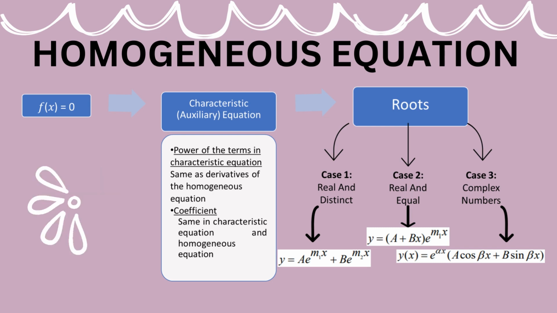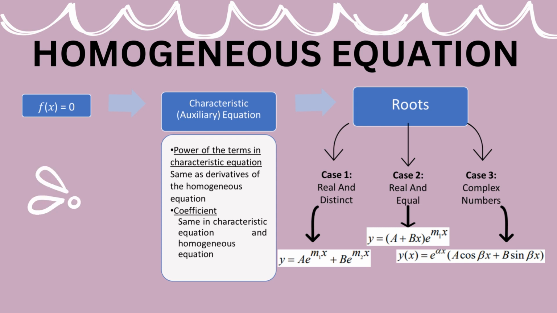For roots of case 1, real and distinct, the general solution will be y equals a e^(mx) plus b e^(mx). Case 2, real and equal roots. The general solution is y equals e^(mx) times (a plus bx).